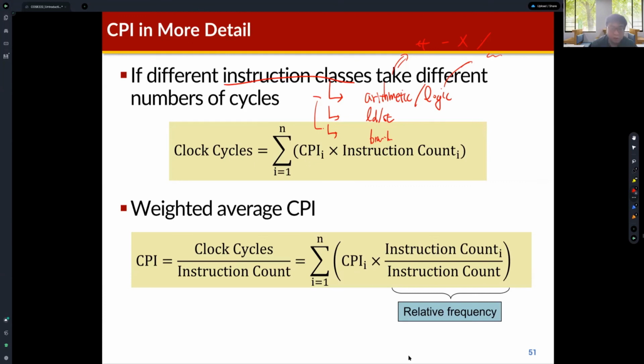Okay, but in a processor, different instruction classes may have different numbers of cycles, because the number of cycles in a processor is determined by the architecture, like the microarchitecture. And then different kinds of instructions can have different clock cycles.